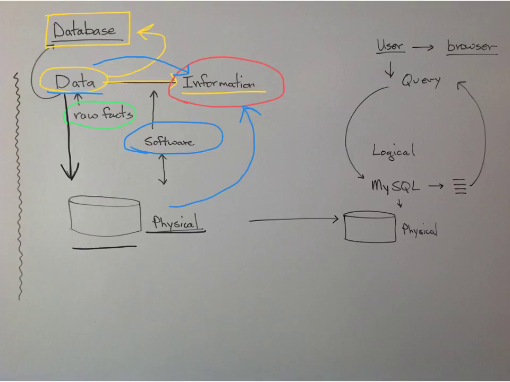Okay? Now, let's look at some details, a little more details. We want to look at information systems, and we're going to do that a lot more on Monday. Information systems are used everywhere.